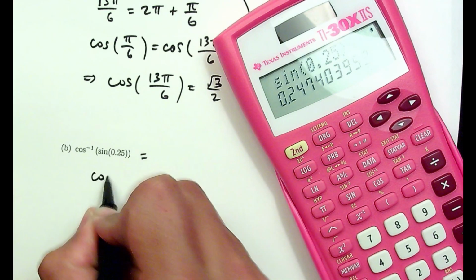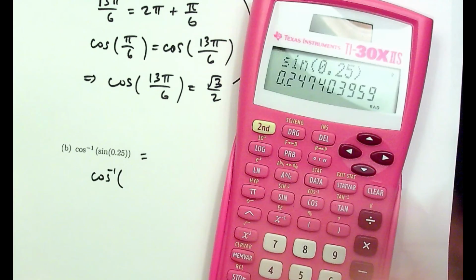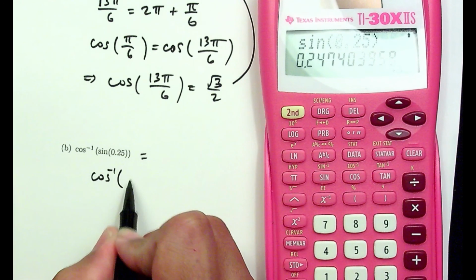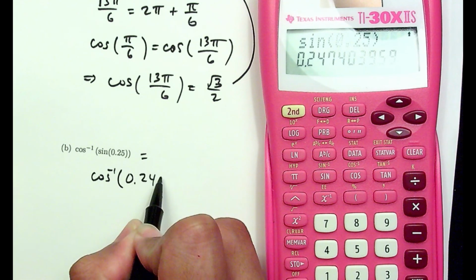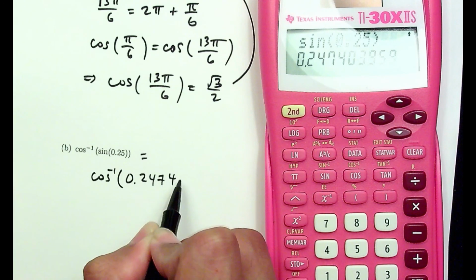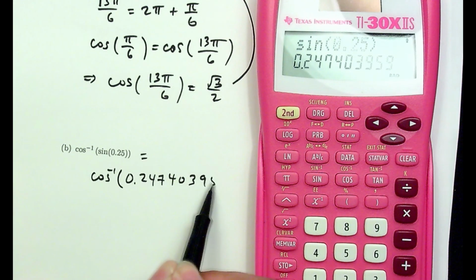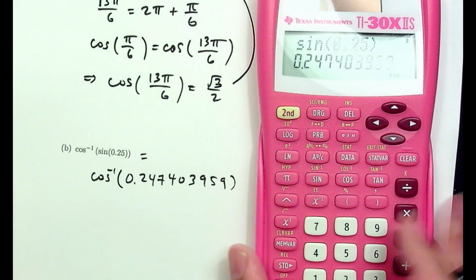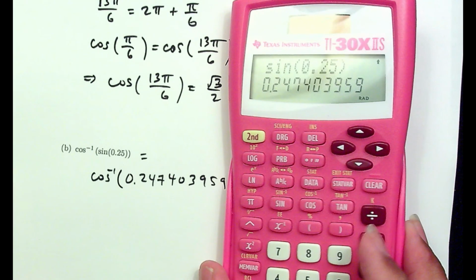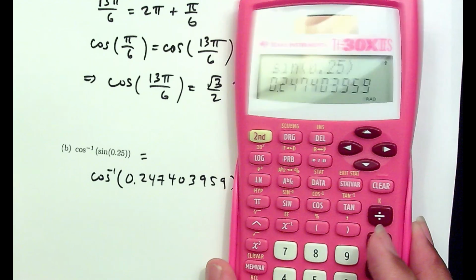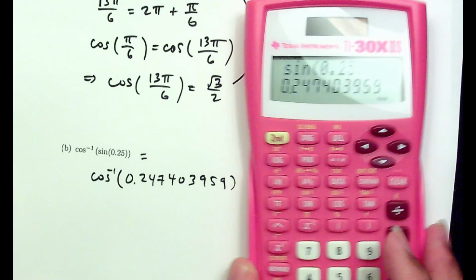You get cosine inverse. Copy the whole thing. Do not round. You only round when you're done with a problem, not before. So copy the whole thing: 0.2474.03959. Okay, I copied the whole thing.